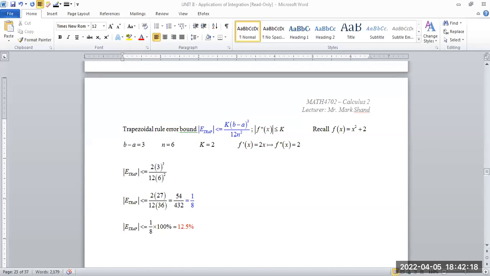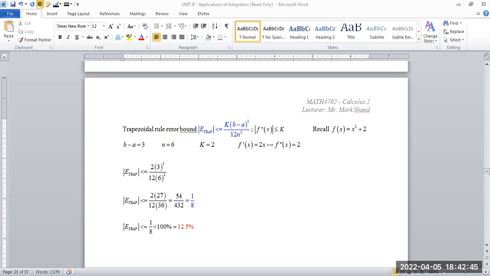But the error for the trapezium is not difficult. It's just K times (b minus a) all cubed over 12 times n squared. And in the question, you'd have already known what b minus a is, you know what n is. It's just for you now to differentiate the function to find the second derivative, and then you're good to go.